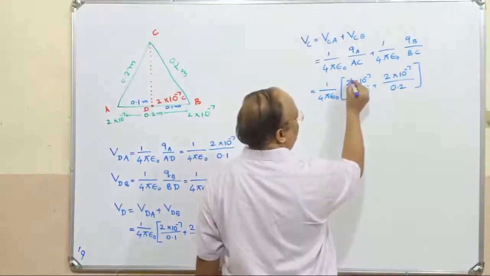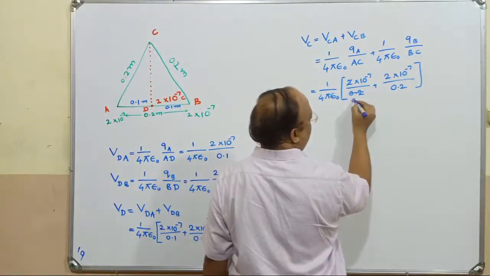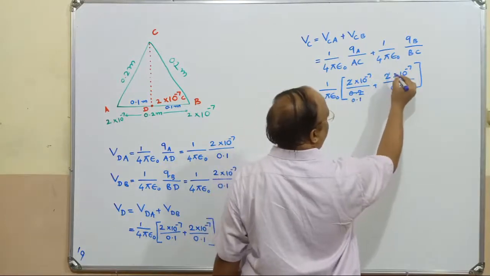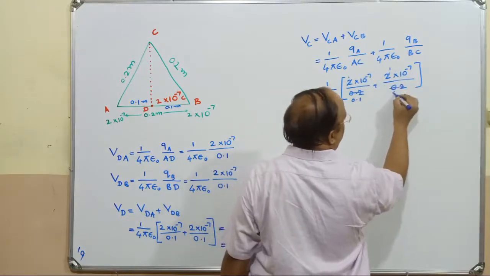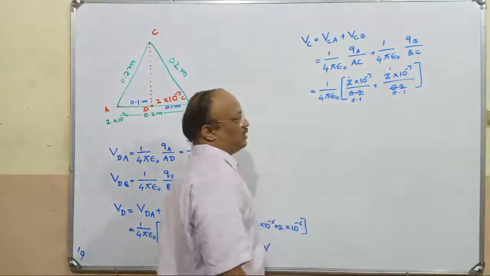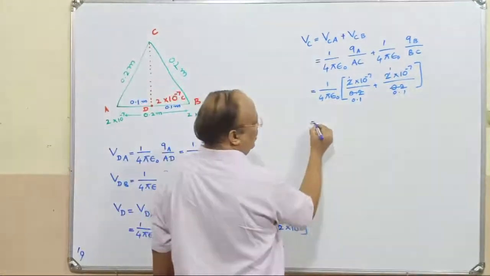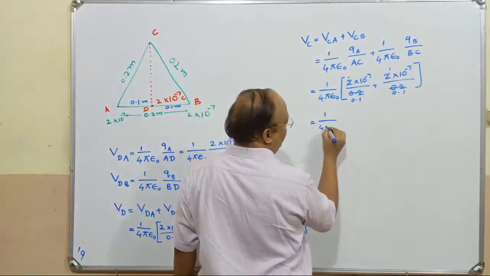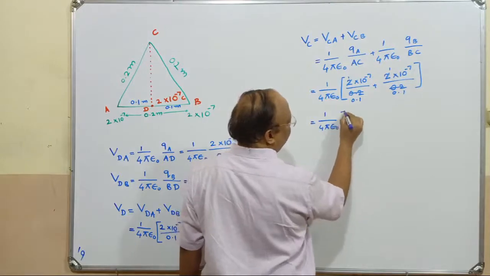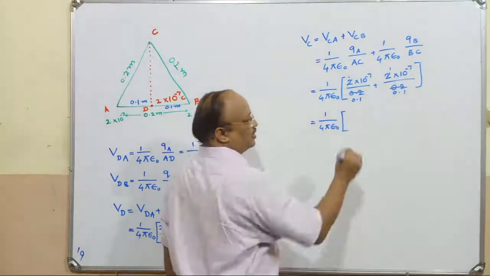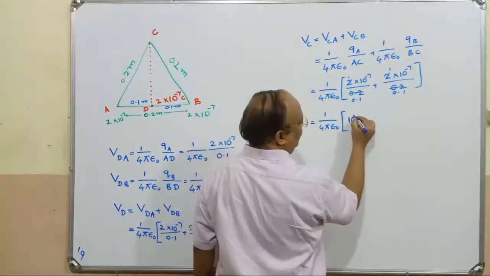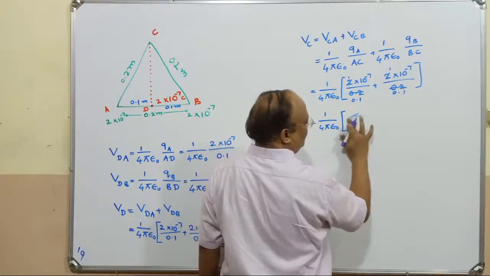Okay. So this is 0.1. So 1 by 4 pi epsilon naught, it is 10 to the power of minus 6.